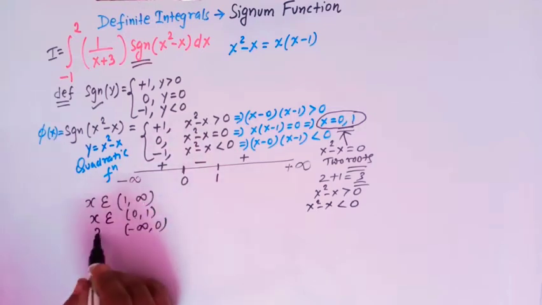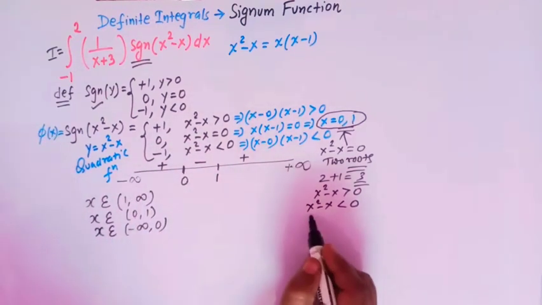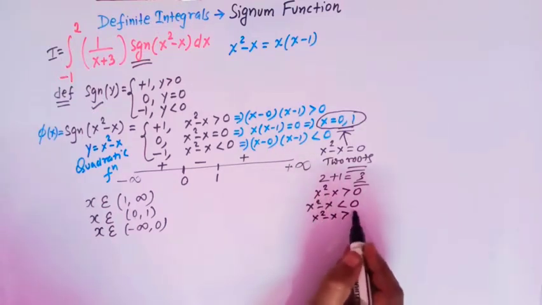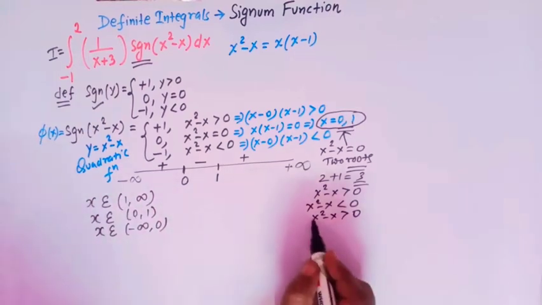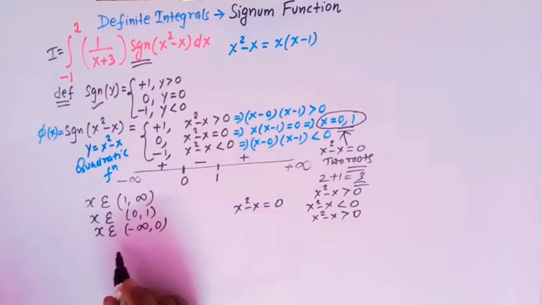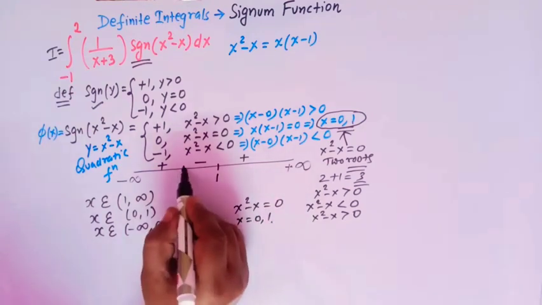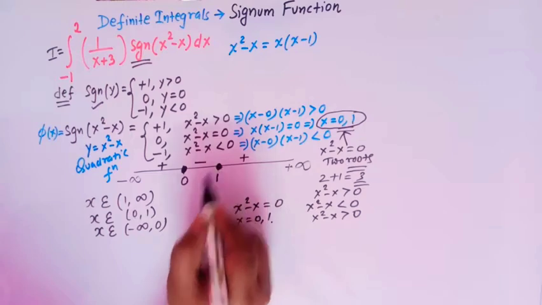And when x belongs to minus infinity to 0, then x square minus x is greater than 0, and x square minus x is equal to 0 whenever x is 0 and 1, and these are the 2 points, right?